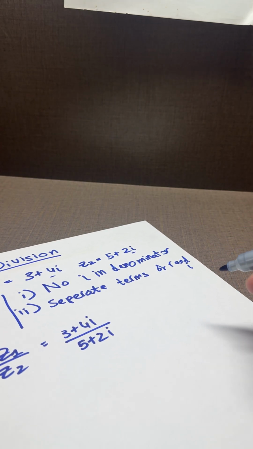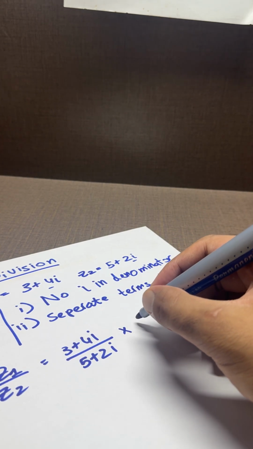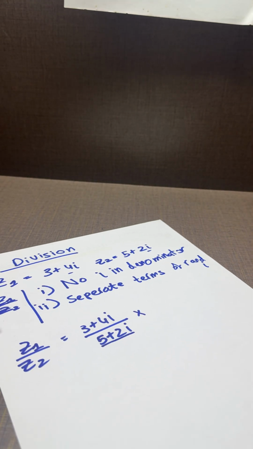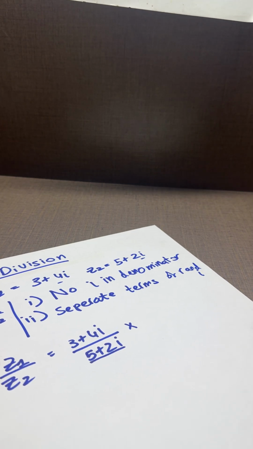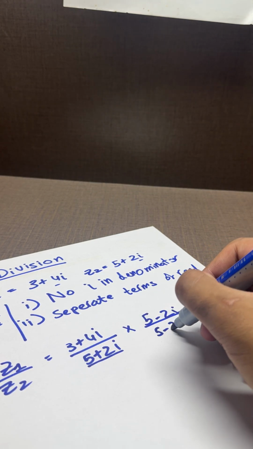What we can do for that is we multiply, we rationalize basically this fraction. So what rationalization means: the denominator we have 5 plus 2i and we learned about the conjugate, right? For example, if 5 plus 2i is our complex number, then its conjugate would be 5 minus 2i, right? 5 minus 2i over 5 minus 2i.